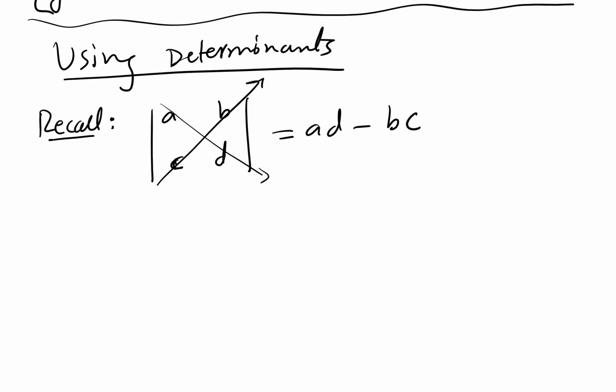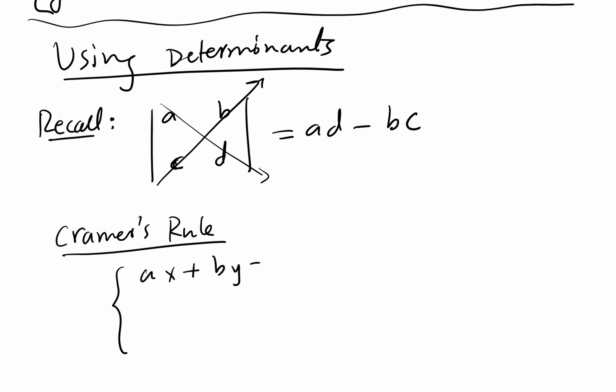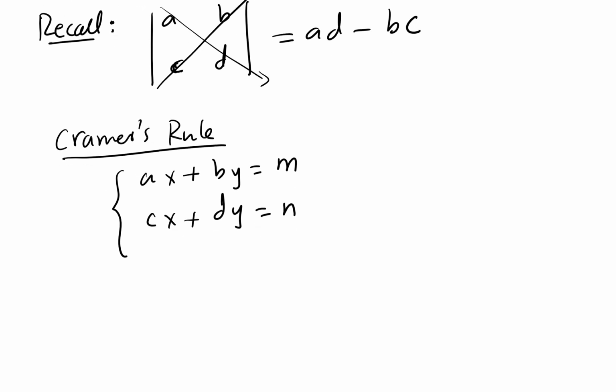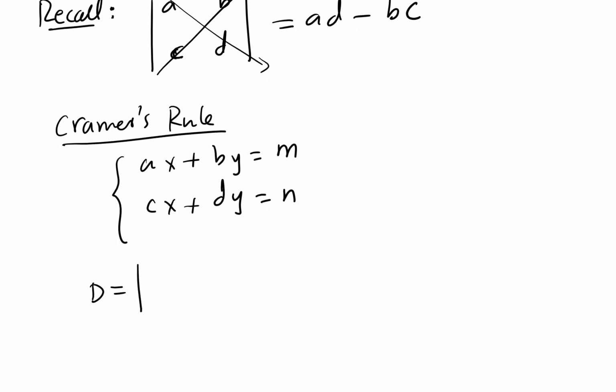Another thing good to know is called Cramer's rule. Recall this if you've never seen it before. Cramer's rule says if you have a system ax plus by equals, say, m, and cx plus dy equals n, how do we solve it? You define D to be the determinant a, b, c, d, which is ad minus bc, and assume it's not zero, because if it's zero, the system might have no solutions.